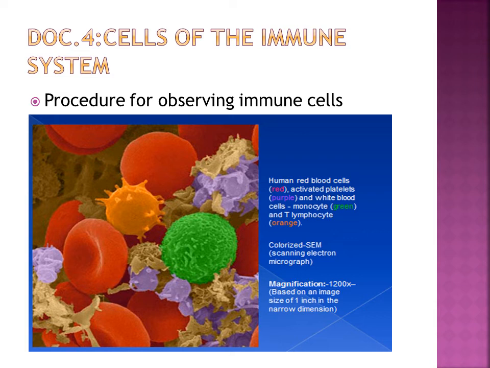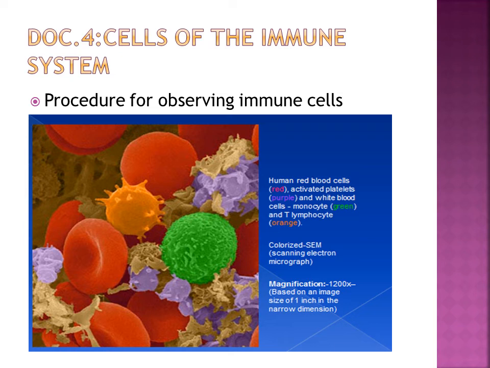Add a few drops of methylene blue, wait for 3 to 4 minutes, then rinse the preparation with water and let it dry. And lastly, place the preparation on the stage of the microscope and observe it.